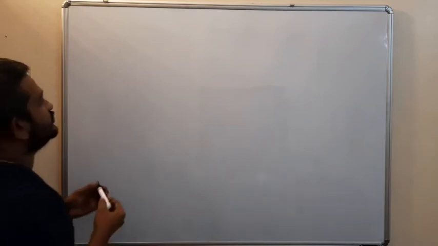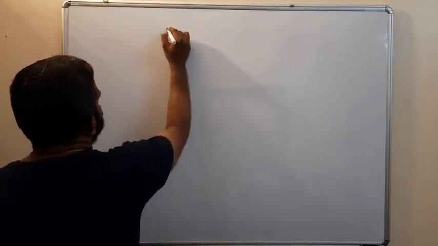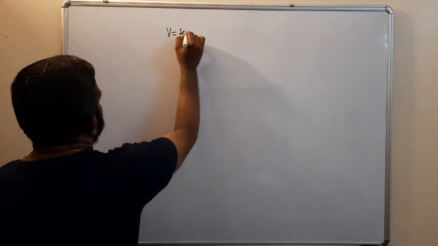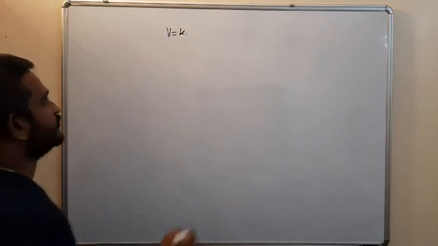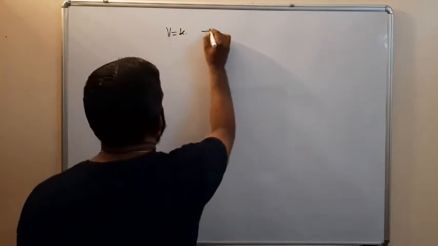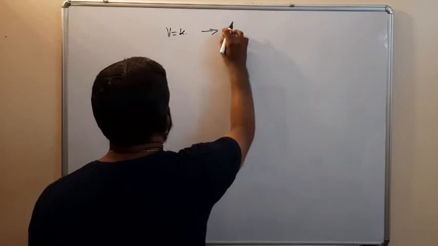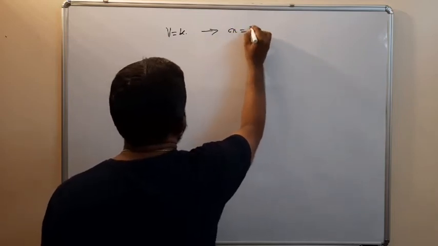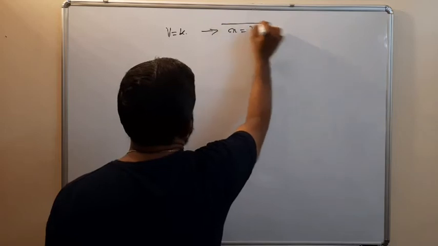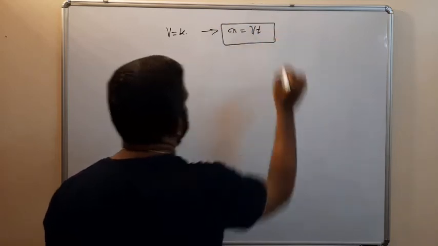So in the first case, v is equal to K, a constant. So the displacement we will get is x is equal to Vt. Okay, x is equal to Vt.